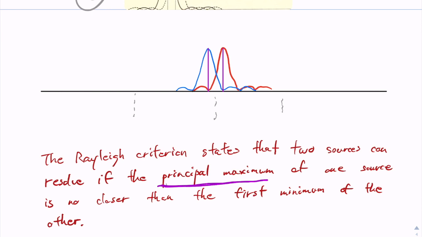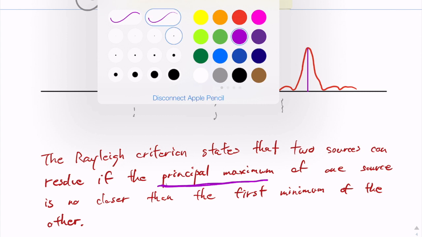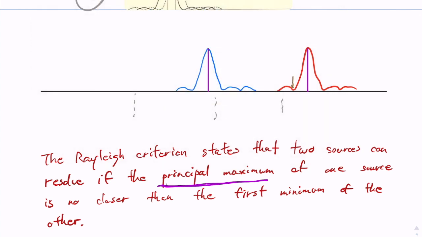So the first minimum, I'm just going to pull this back for a moment. The first minimum is right here and here. And likewise, it's also there and there as well.